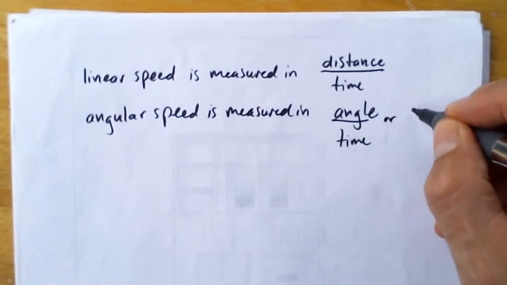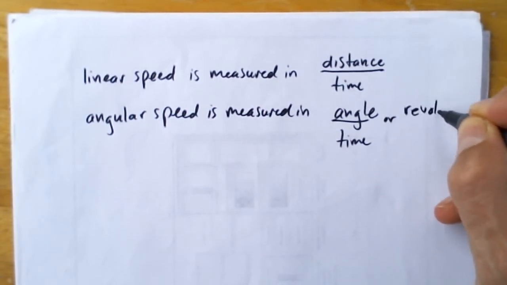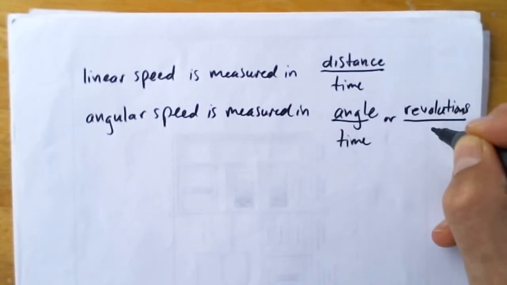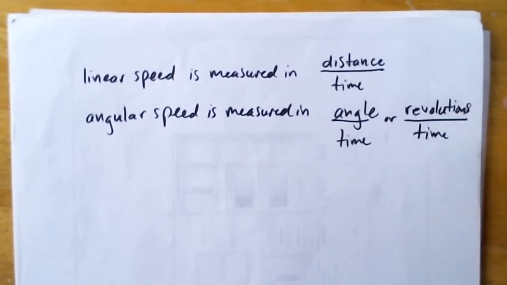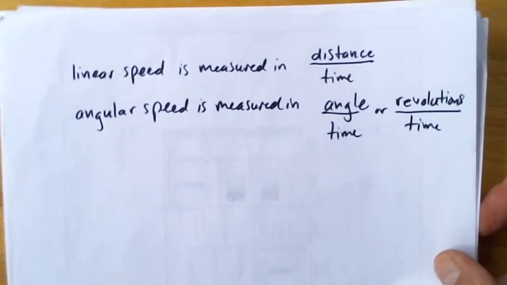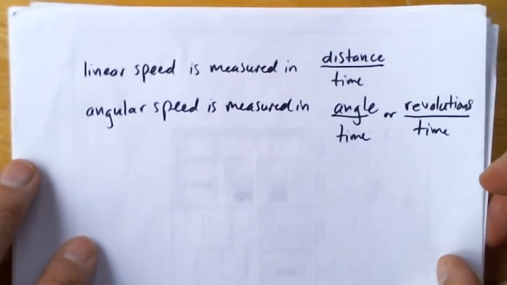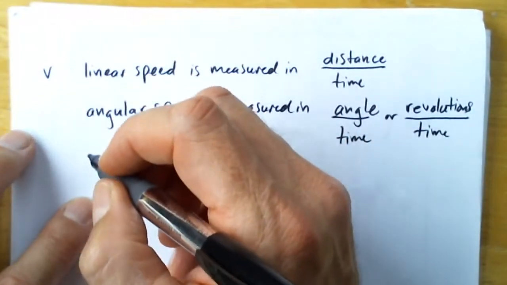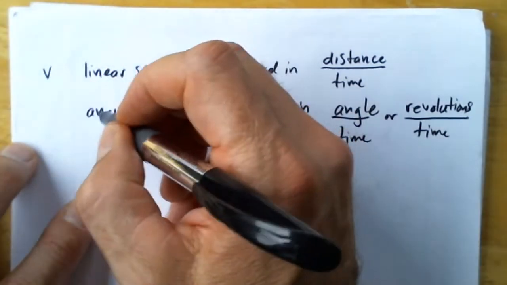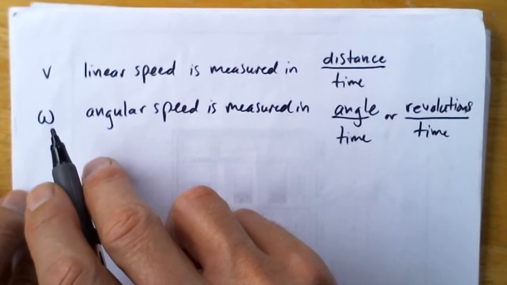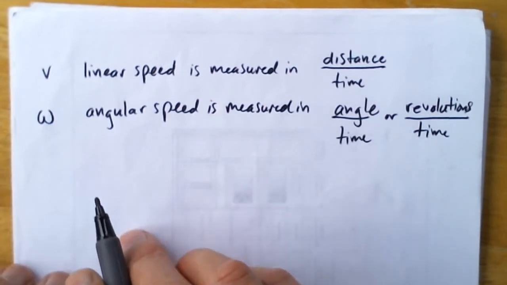We can also say it's revolutions divided by time. And a common variable for linear speed is v, and a common variable for angular speed is omega, which is a curved w.